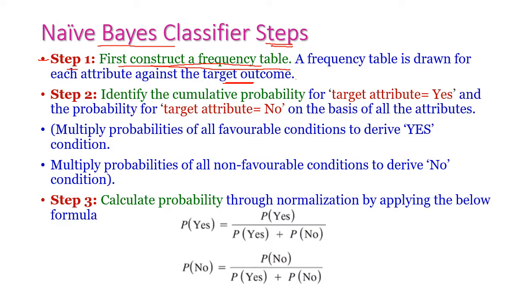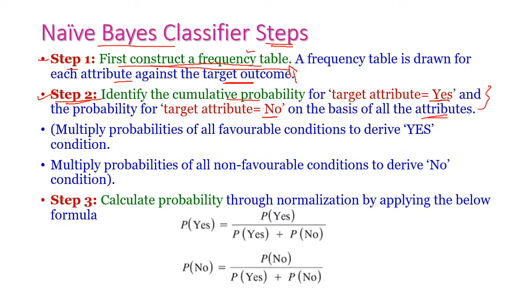From the given input data, we need to construct the frequency table for each and every attribute of the given input. And step 2, identify the cumulative probability for target attribute equal to yes and target attribute equal to no, on the basis of all the attributes.